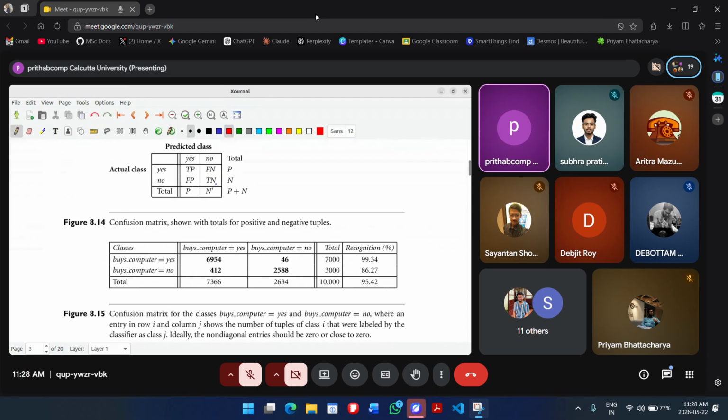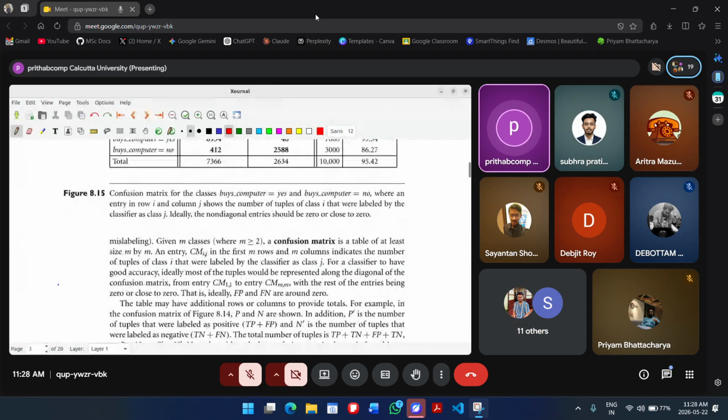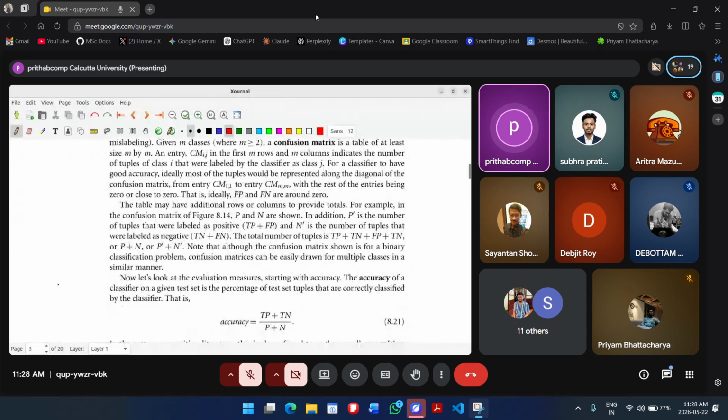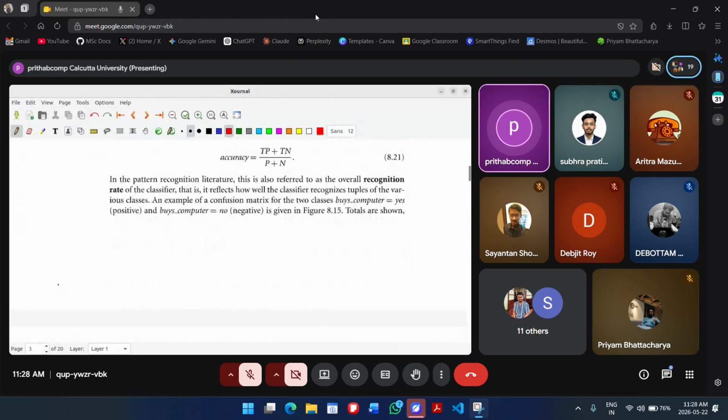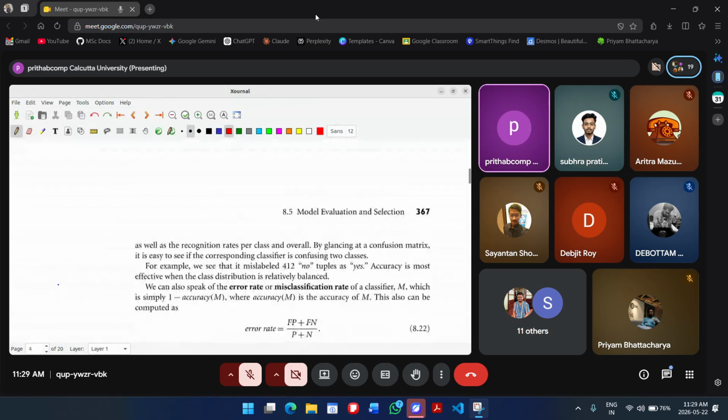So this part is the important part, where it is the correct classification, and this FN and FP are the misclassifications. Since you know all these things, I will not talk much about it.